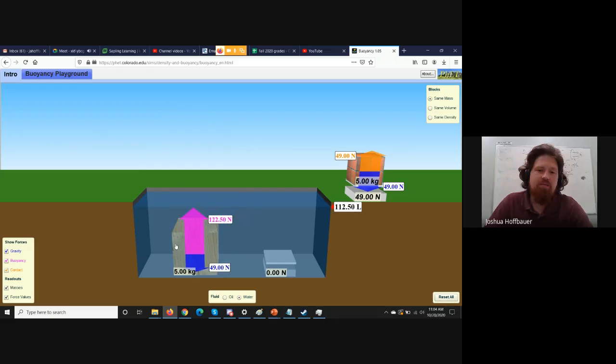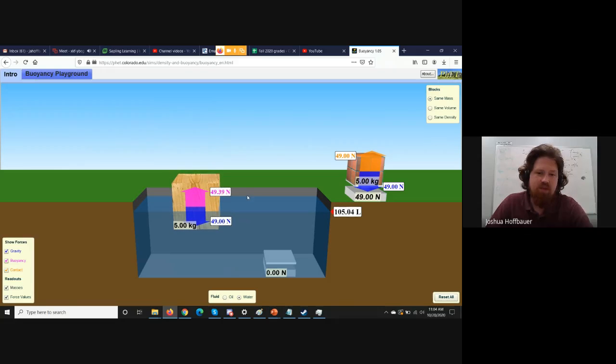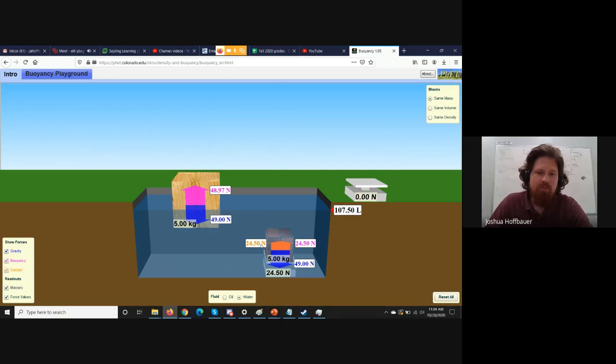If I push this below the water surface, the buoyant force is larger, which means if I let go, it's going to rocket to the surface until eventually things even out again. Notice that the bricks sink. The bricks aren't floating. The bricks sank. And its buoyant force is not as much as gravity, so it just sank to the bottom.